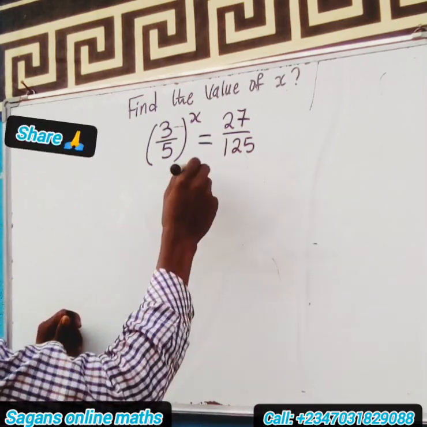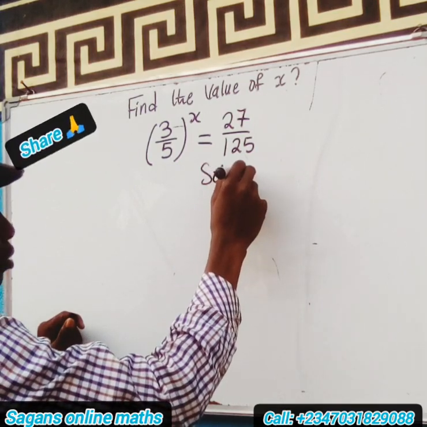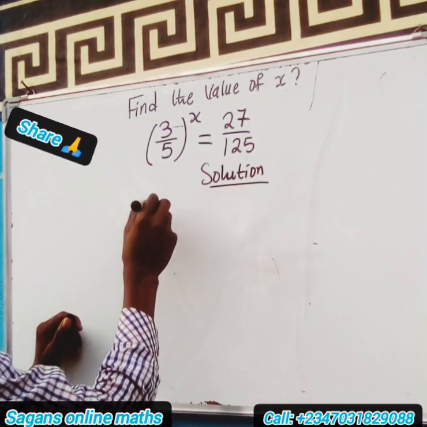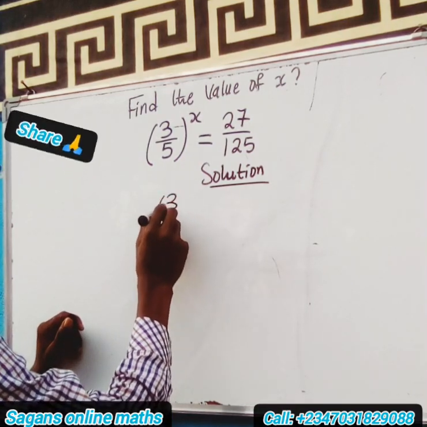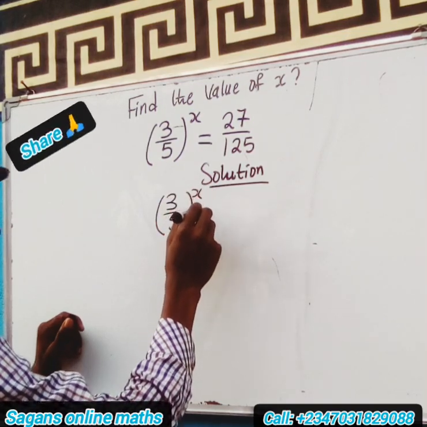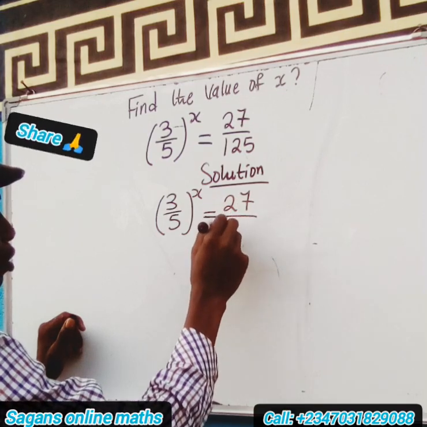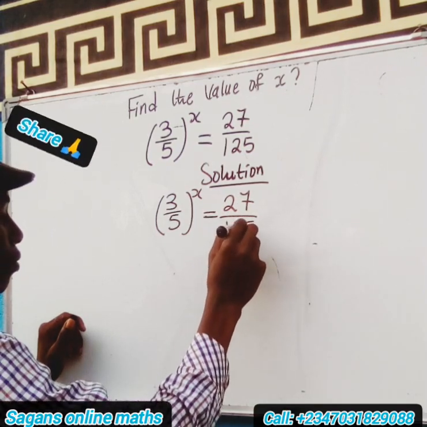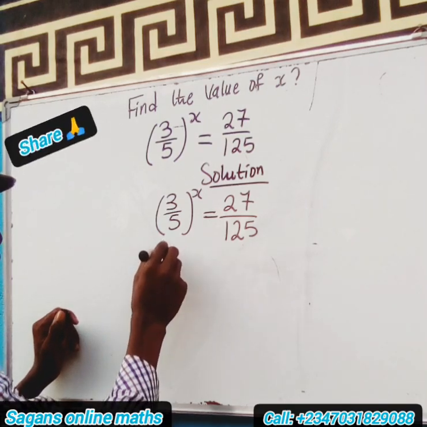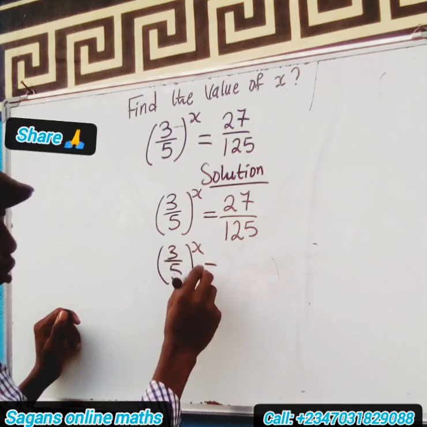So, solution. We are given that (3/5) all raised to the power of x is equal to 27 divided by 125.